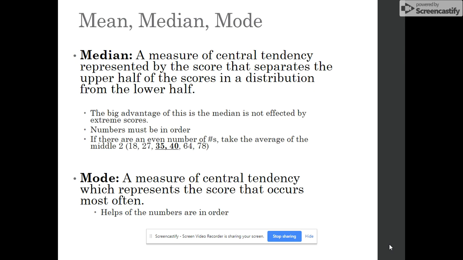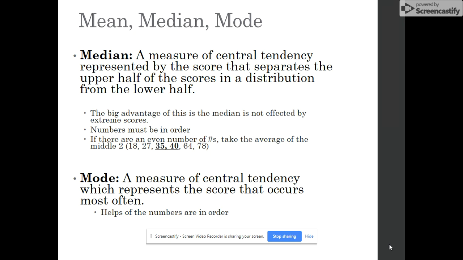Median is the score that separates the upper half from the lower half. So it's the middle. Big advantage, it's not affected by extreme scores because you're specifically looking at what's in the middle. You need to put your numbers in order because that makes it a lot easier to figure out what your median is versus just looking at all these numbers and taking a guess. So if it ever asks you to calculate the median, just write out the numbers in numerical order and figure out where your middle is.